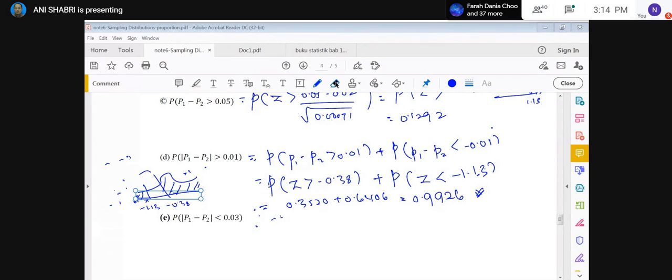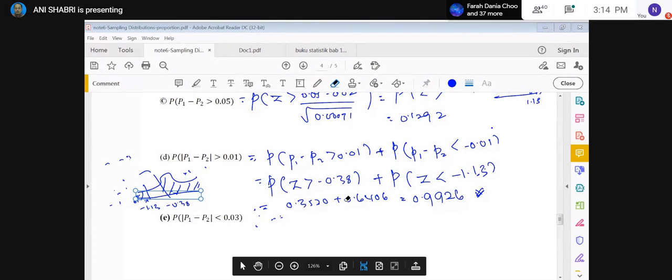Okay, siapa ni? You pun salah. The answer is here plus. If you see the graph better 3.8.